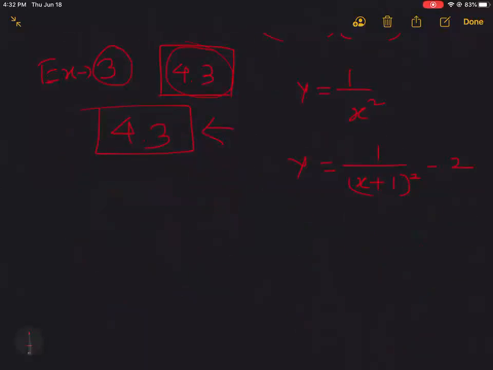Okay, so what I can do, let me do this way. Let me actually show you the graph of this. And we'll actually keep the asymptotes for tomorrow. Are you guys okay with that?